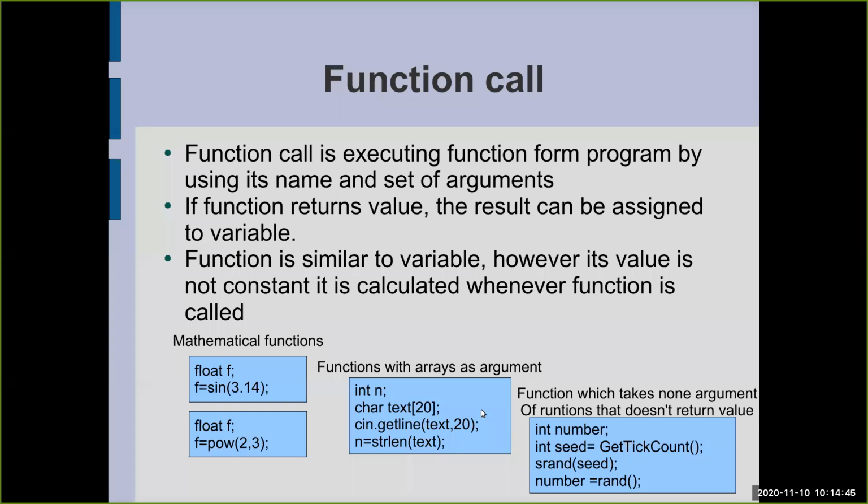We can have a function which has an argument and returns a particular value. But for example, seedRand initializes the random number generator, and we don't have a value which is returned.